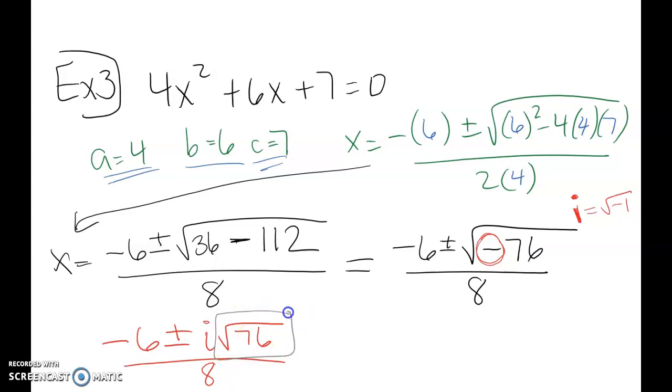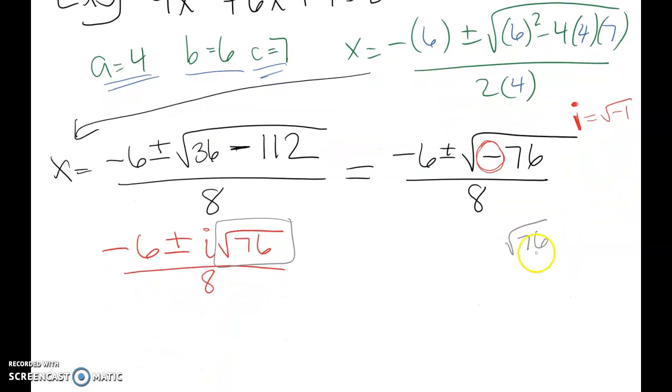So to break down the radical, I am going to see what multiplies to 76. And if I break that down, actually I'm going to do it without the radical for now. So 76 is 4 and 19. If you didn't know that, then you could say it was 2. 2 goes into 76 because it's even.